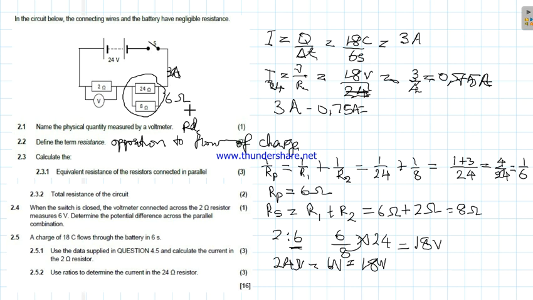Okay, I think when we do the maths, we must get 2.25 amps. Okay, so if we add these two, we must get 3. So that's how these questions can be answered.